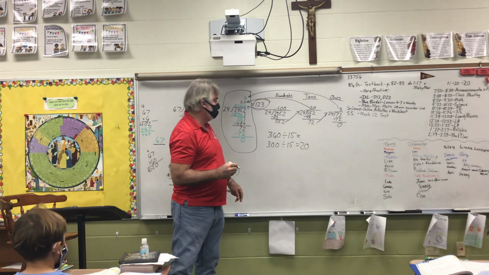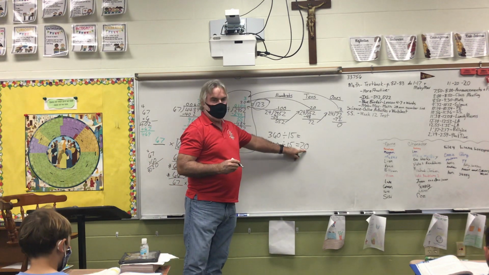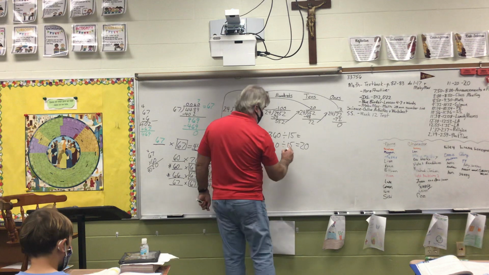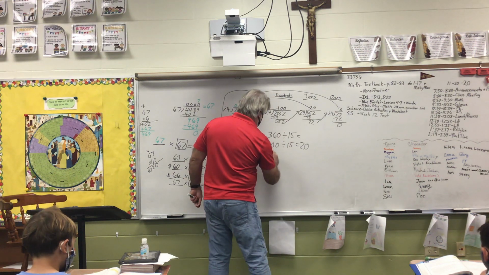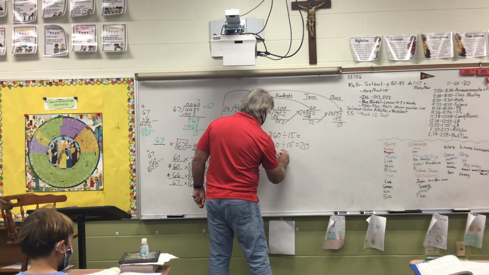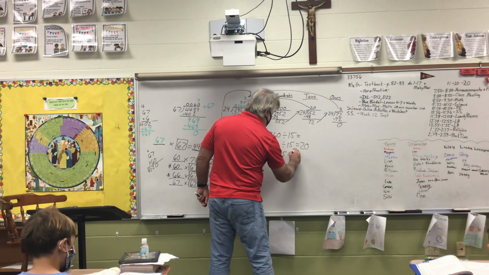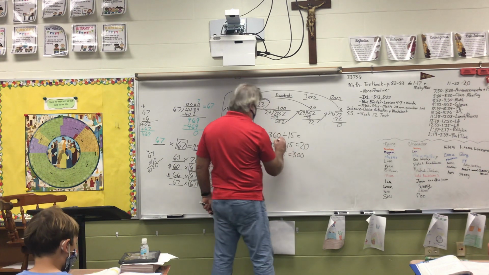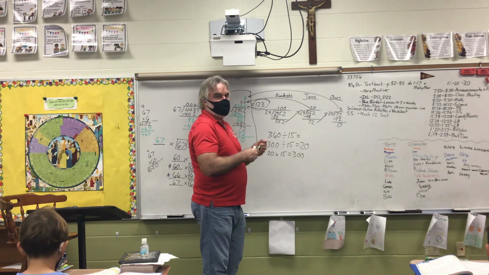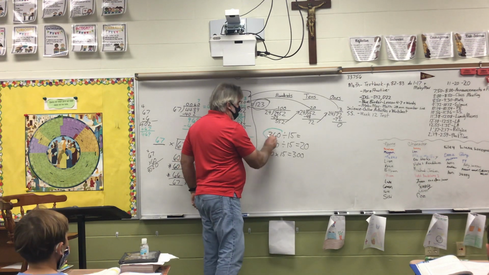Now it's saying to adjust the 20 because they're wanting inverse relations. So we know that 20 times 15 equals 300. We have to get to 360.